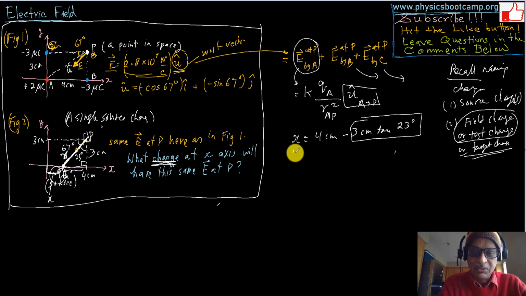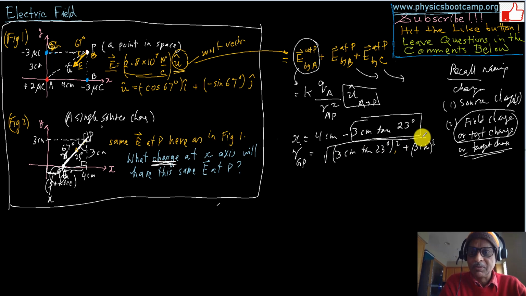Okay, so we want r from G, the charge, to P. That will just be a square root of (3 centimeter tangent 23 degrees) square plus (3 centimeter) square, right? That's where it's going to be.